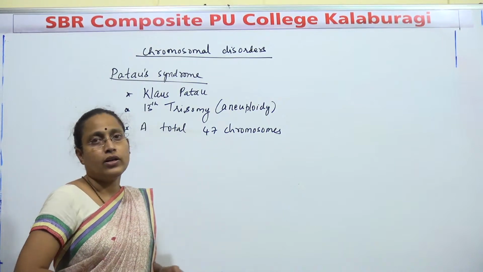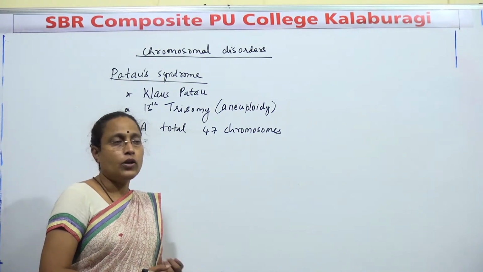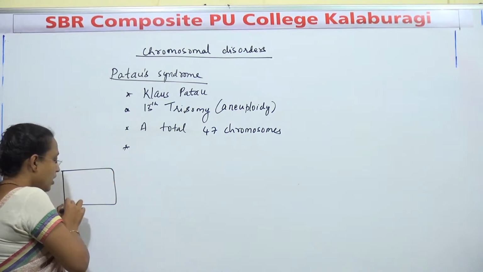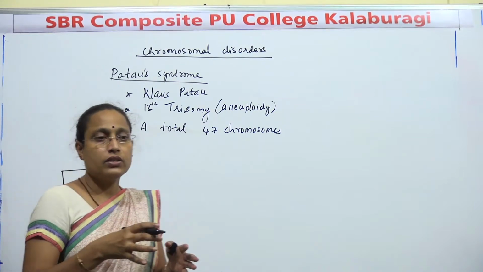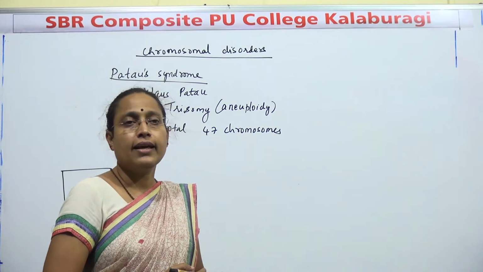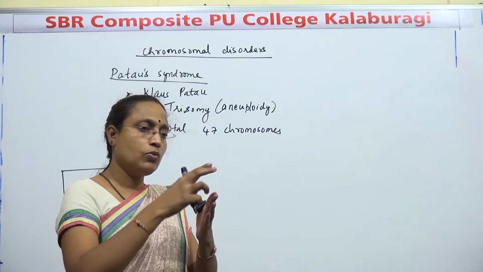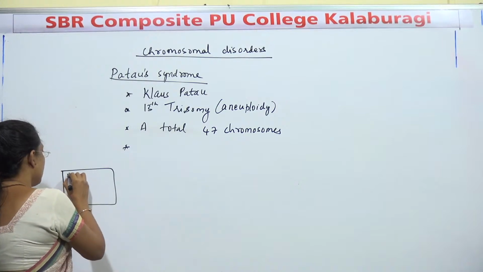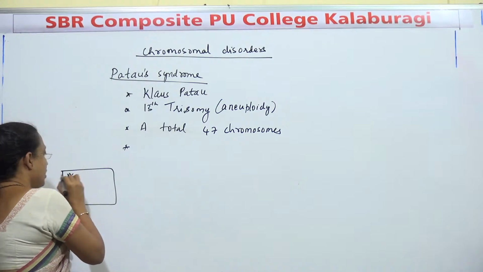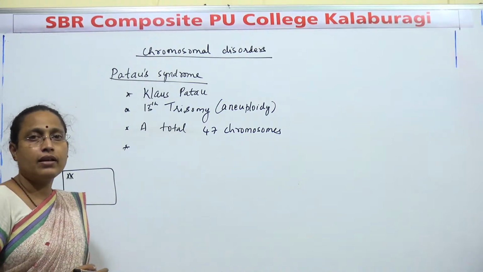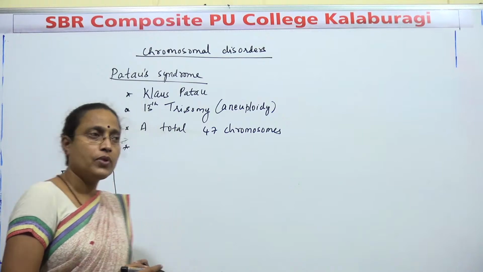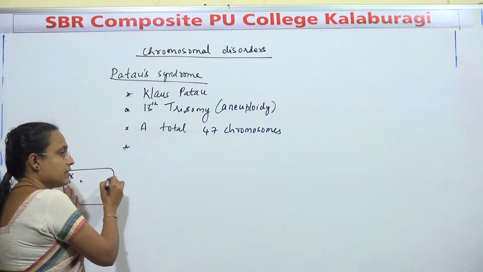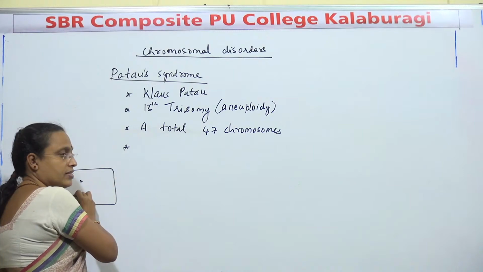And what is a karyotype? A photograph of the chromosomes is taken, and each chromosome is cut, okay, and then pasted here according to their sizes and position of the centromere. So the first chromosome is placed here, second, like this, third, fourth, fifth.